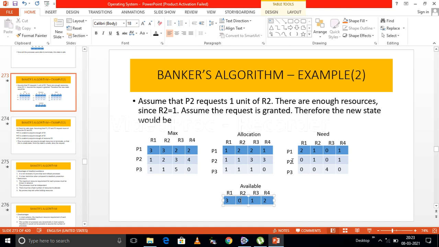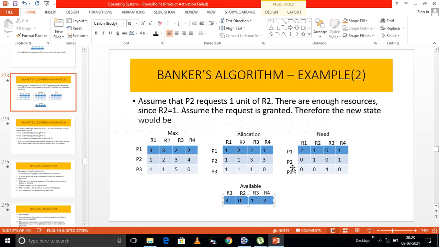Fine, check with P3. P3 requires 4 instances of R3 but the availability is 1 only. Because of the shortage of resource instances, all 3 processes P1, P2 and P3 were not able to acquire enough of the resources they needed.